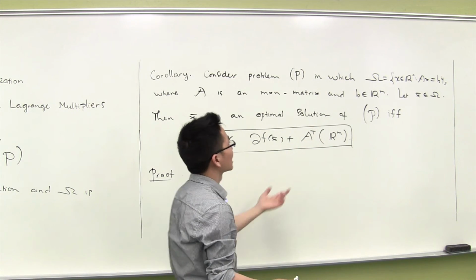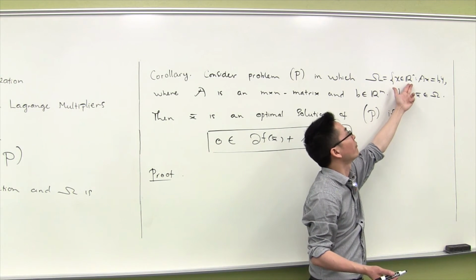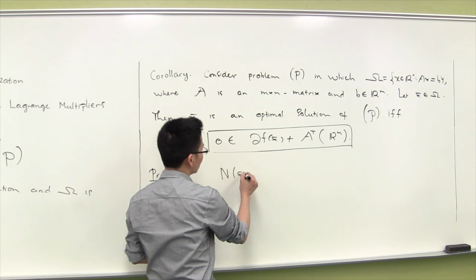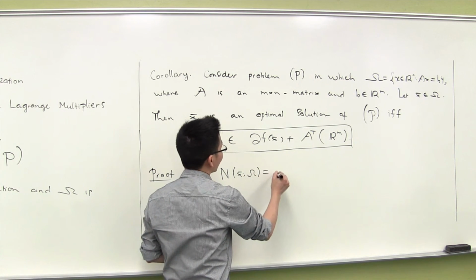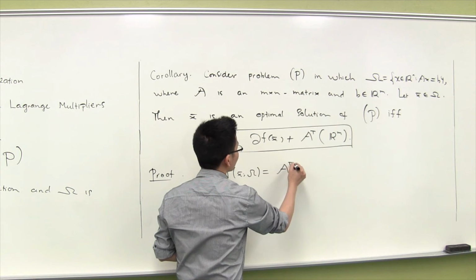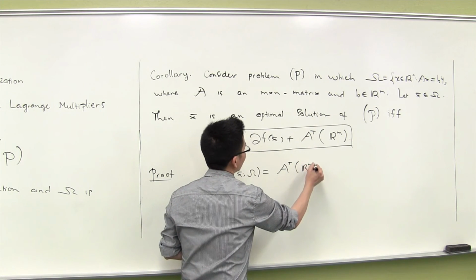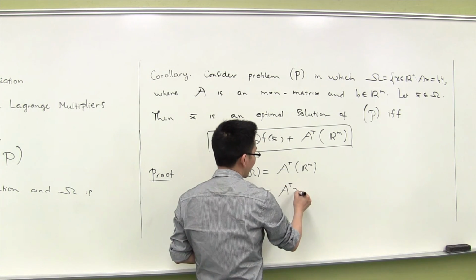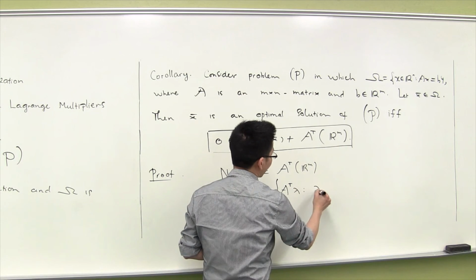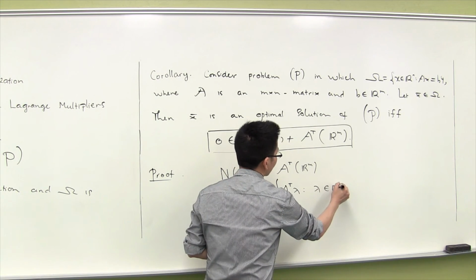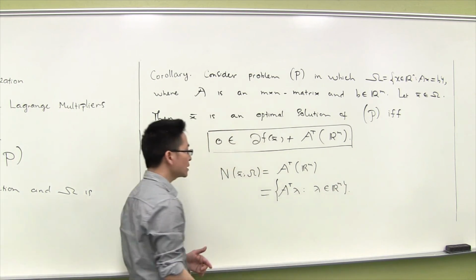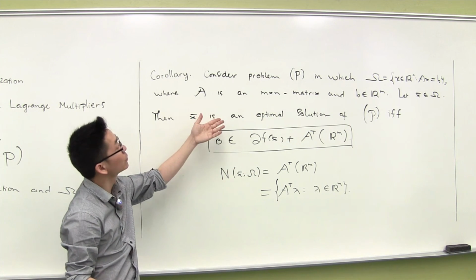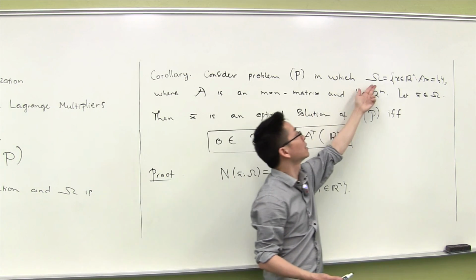Here omega is given by this formula, and therefore we can prove that the normal cone to the set omega at x bar is actually A transpose of Rm. So this set can be written as A transpose times lambda, where lambda runs in Rm. This is the case where the set omega is an affine set.